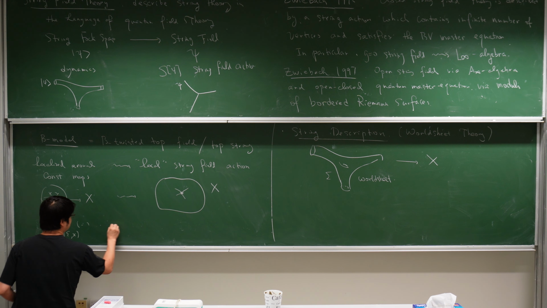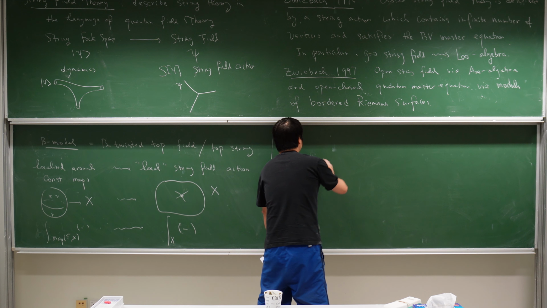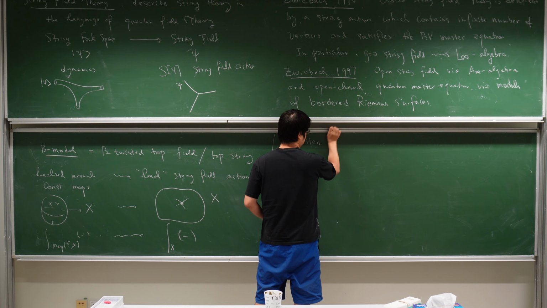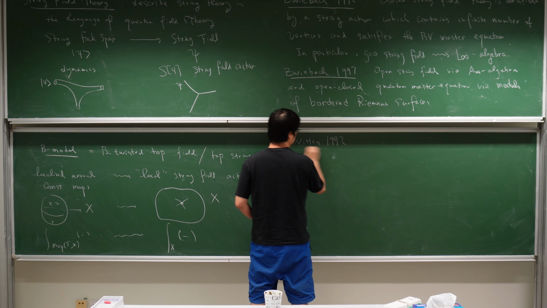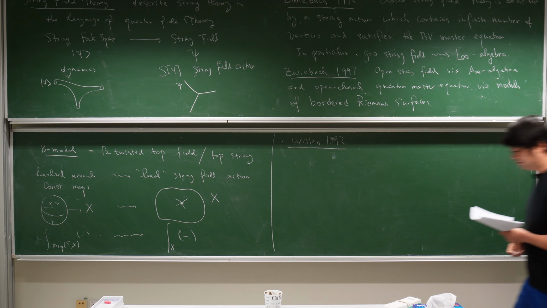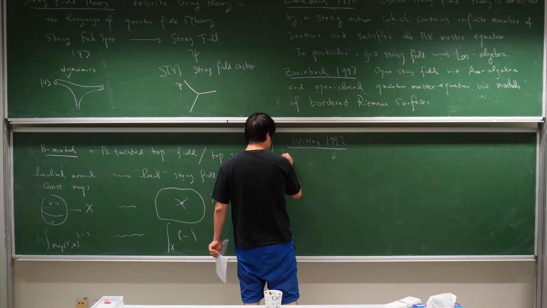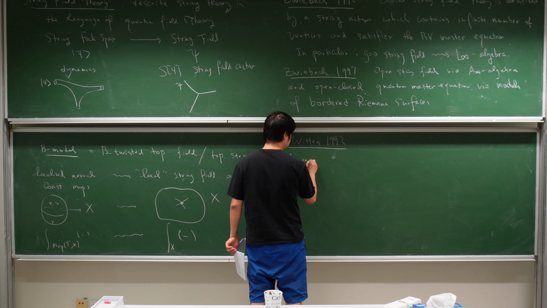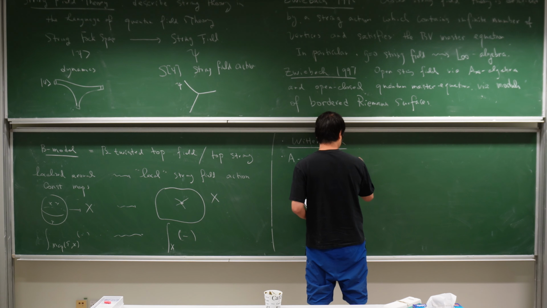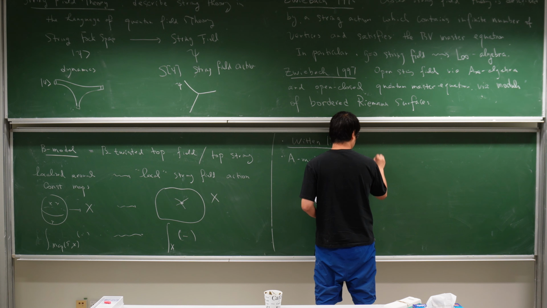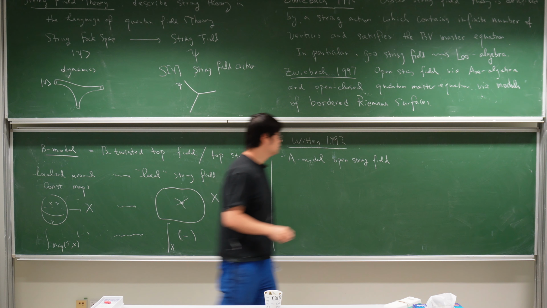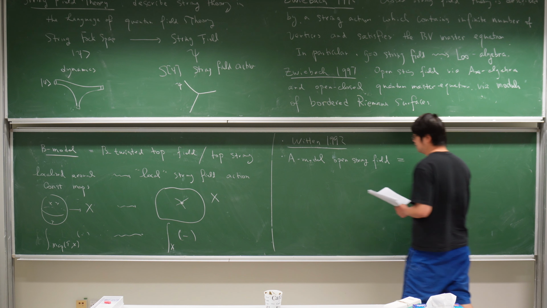So first, in the famous work of Witten in 1992, he described the following, actually both sides. He described a model, like open string field, in terms of Chern-Simons theory plus some kind of instanton correction.